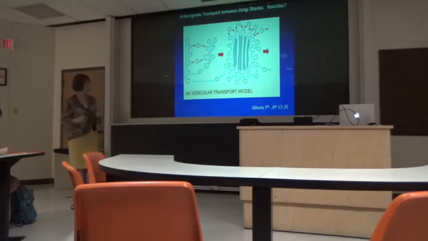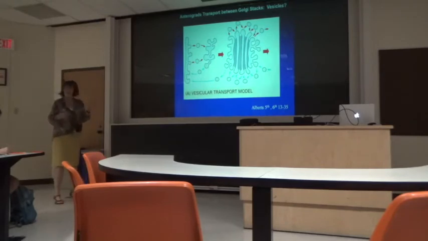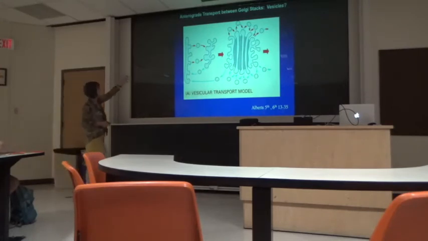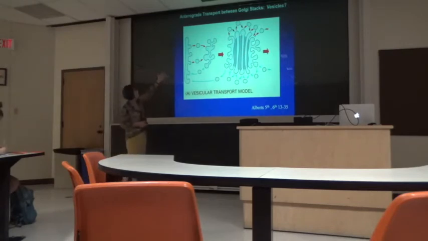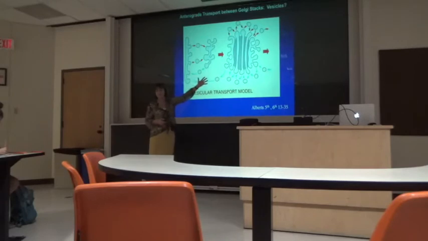So one camp said vesicles bring everything all around. We know that COP2 coated vesicles bring proteins from the ER up to the cis Golgi network. And then the way that they get to different stacks is that vesicles will bud from the cis Golgi and deliver the secretory proteins to the medial stacks.